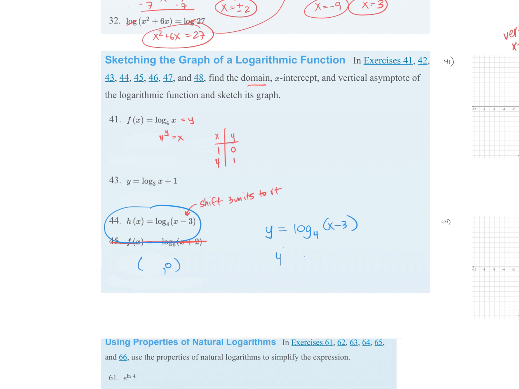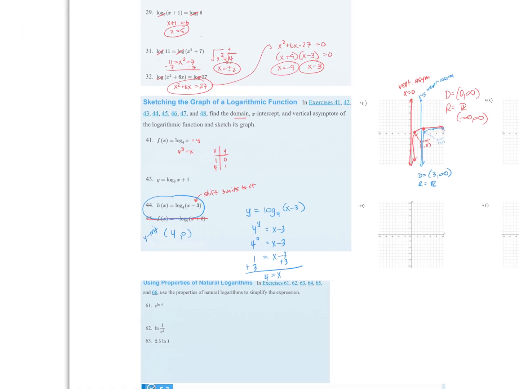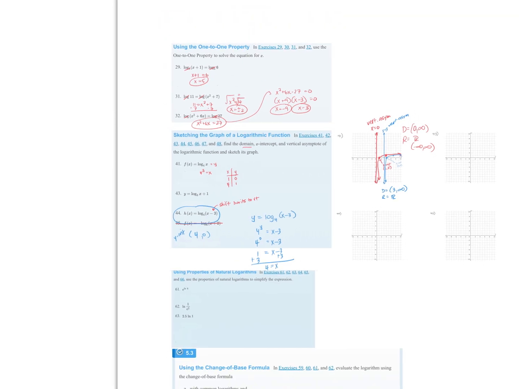So I would do 4 to the y power equals x minus 3, and then I would make y equal to 0. Okay, so 1 equals x minus 3, and when I add 3 to both sides, I get that x equals 4. So when y is 0, x is 4, and that's my x-intercept. And so you see, it's not terribly difficult to do it. But again, that's everything they wanted in this problem.